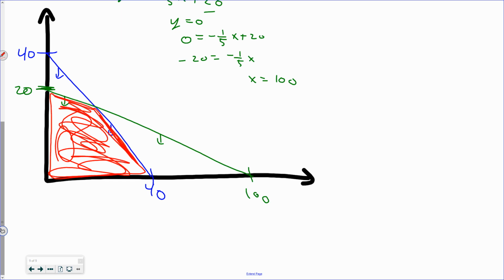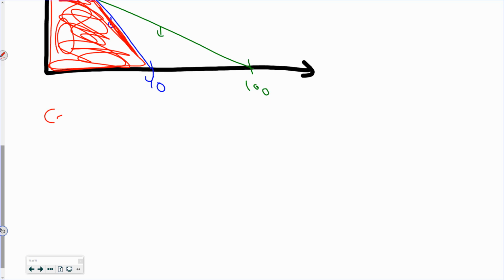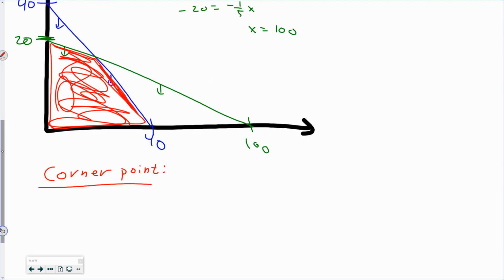It's all my possible combinations of buses and cars that I can use. And now you figure out, well, what's the optimal amount? So if I look at each corner point, that'll be each point that makes this shape in this red, I don't know what shape that is, but all the corners here.